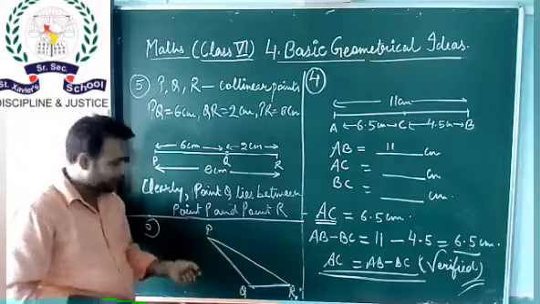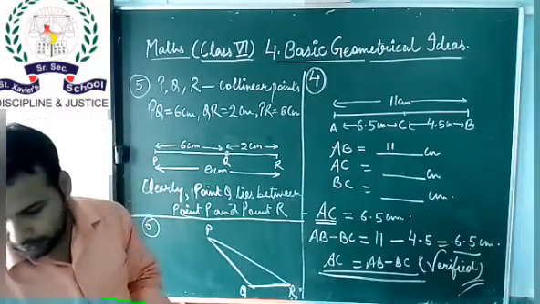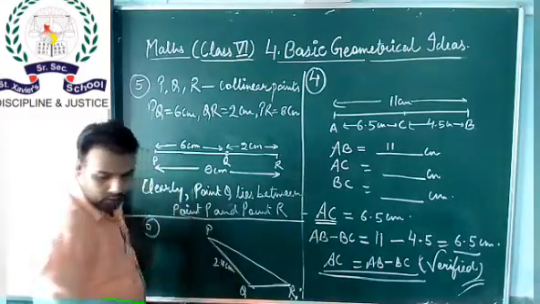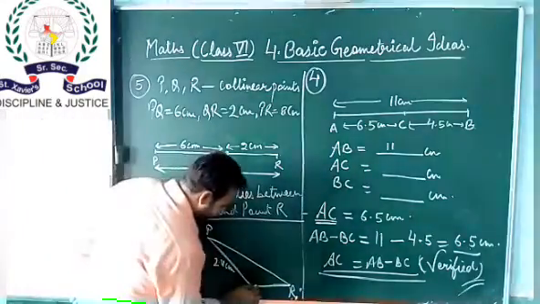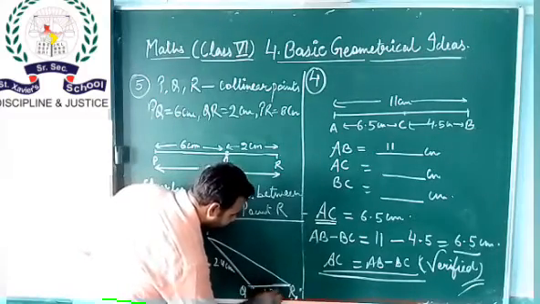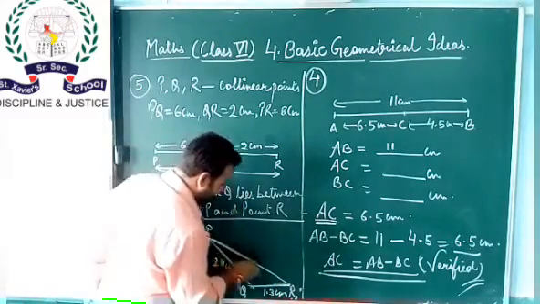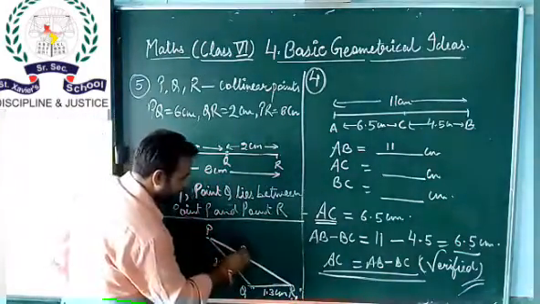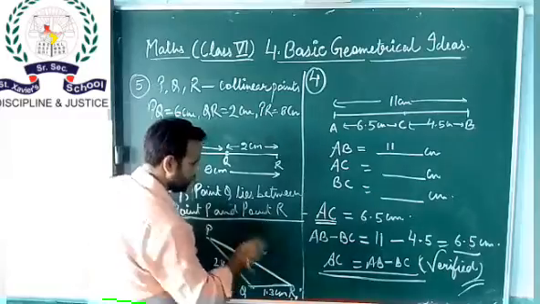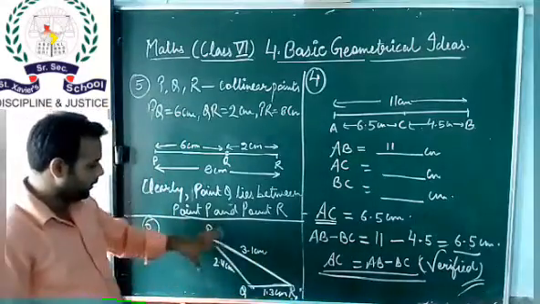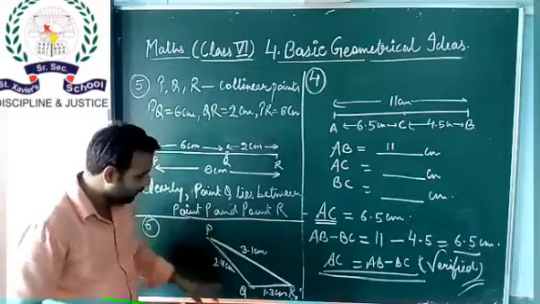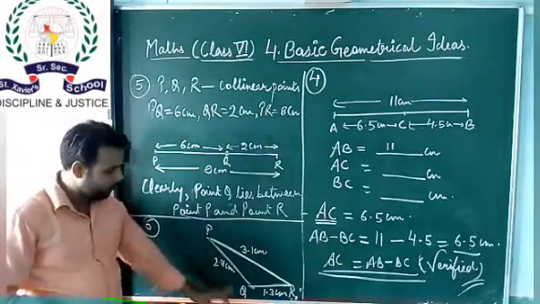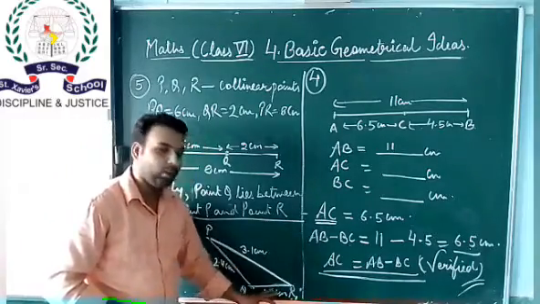After checking, the length of PQ is 2.4 centimeter, the length of QR is 1.3 centimeter, and the length of PR is 3.1 centimeter. When you measure the diagram from your book, these lengths come: PR 3.1 centimeter, PQ 2.4 centimeter, and QR 1.3 centimeter.